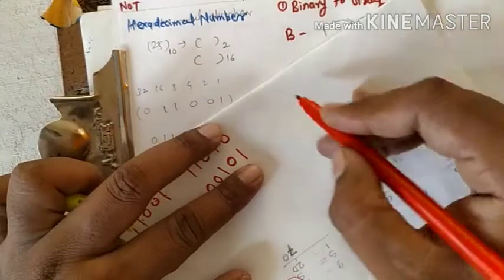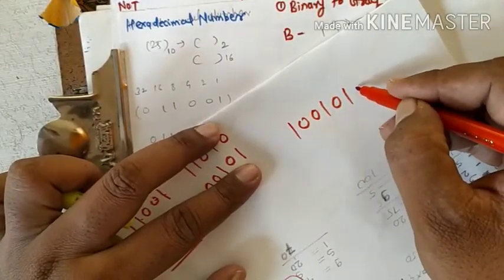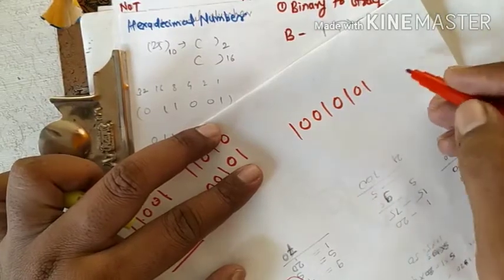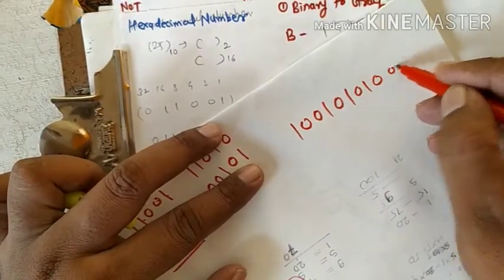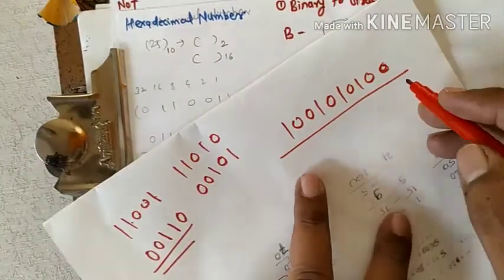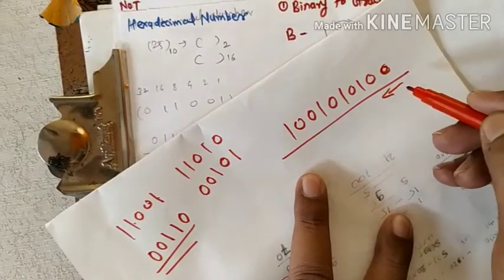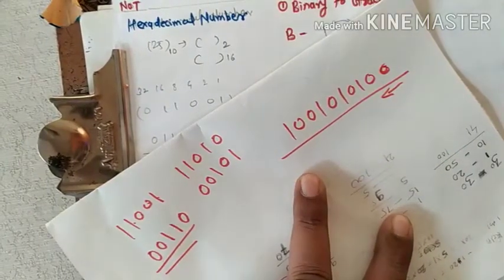Try to understand. I explain one more example. If you want to convert this number into twos complement, see, we come from this side and see where the first one is.